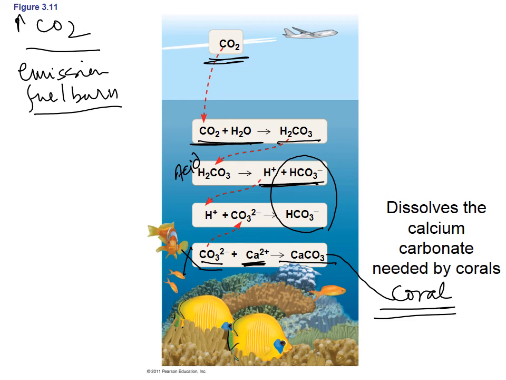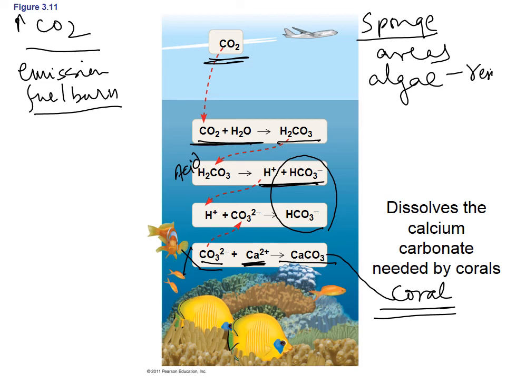Coral is a creature which also provides spots or areas for algae to come and reside and photosynthesize. It sort of allows a platform for algae to come and live in the coral, the hard substance.